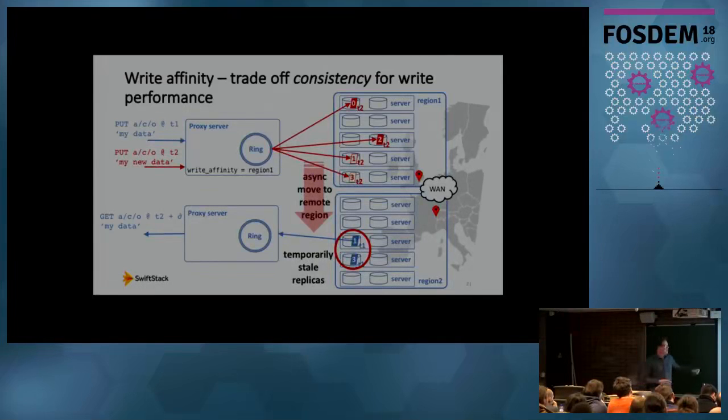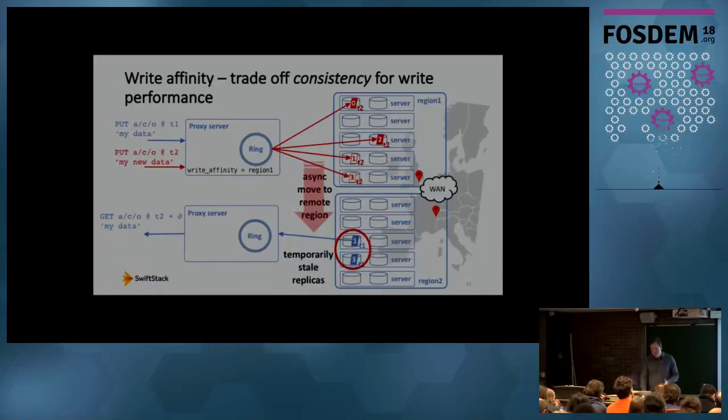With write affinity, we're now deliberately deferring the update of those 2 replicas in region 2. We're leaving that to our asynchronous background processes, which means there is this window of time when we may be reading stale data in the second region. But that's okay as long as we clearly understand the contract of eventual consistency that Swift offers.